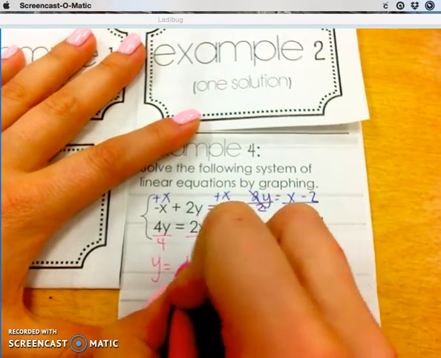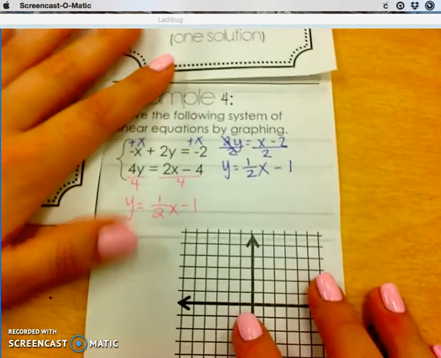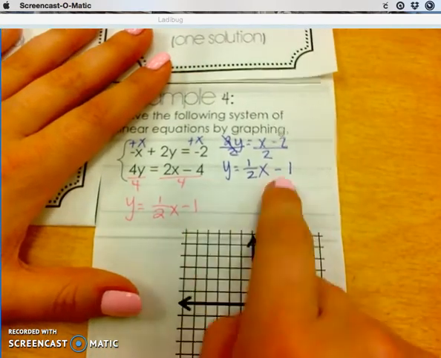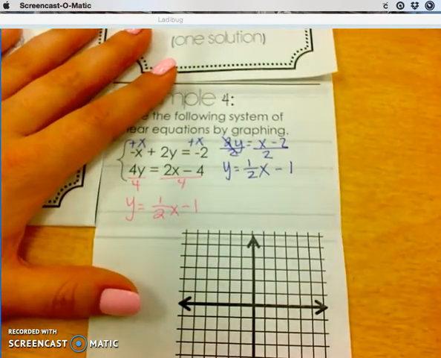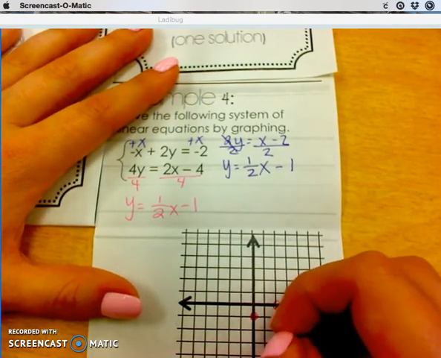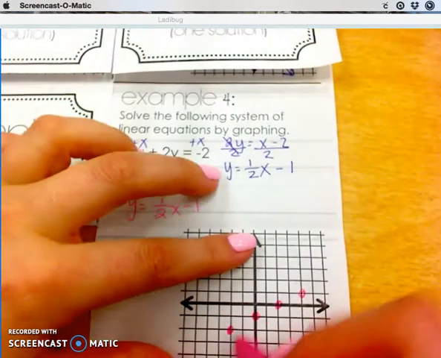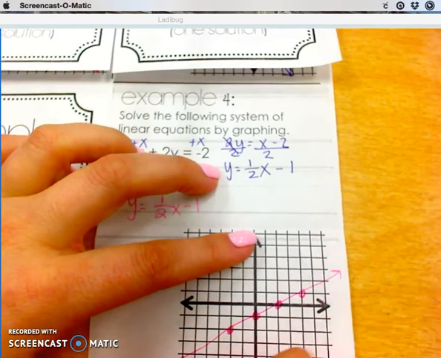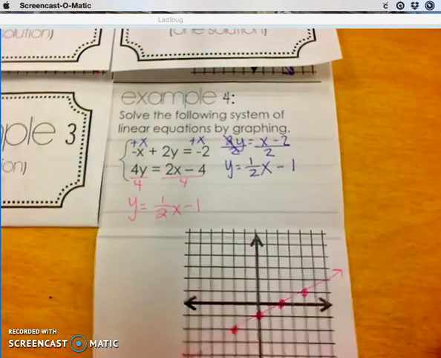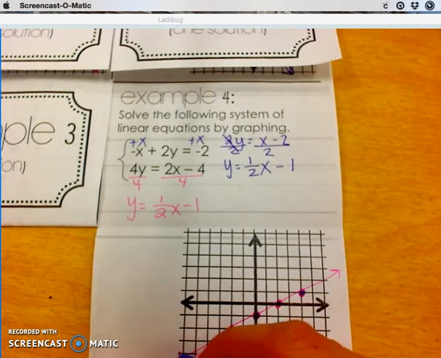Y equals 1/2 x minus 1. Well, if you'll notice, they're exactly the same line. So I could start at negative 1 and follow the slope. Here's the first line, but they're exactly the same. So I would end up putting this second line right on top of it.